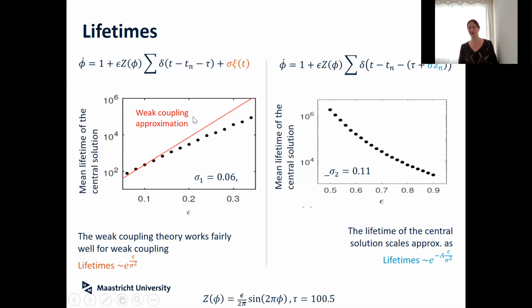This weak coupling approximation is an approximation as constant coupling, and the theory for constant coupling predicts an exponential increase. Then if we look here again at the stochastic delays, we have the opposite. We have something that looks more like an exponentially decreasing lifetime with the coupling strength.